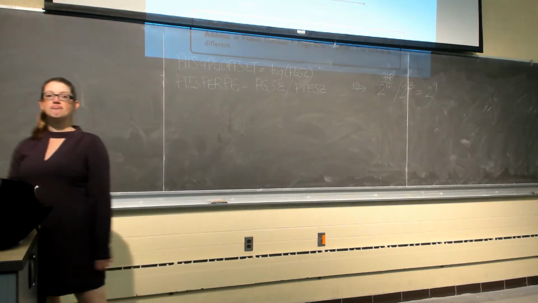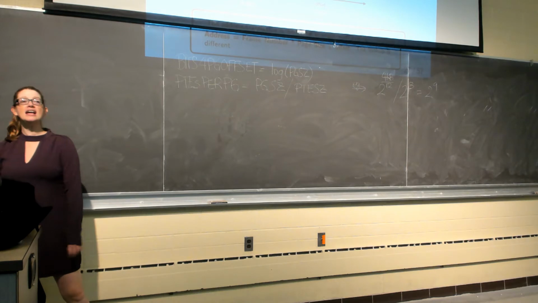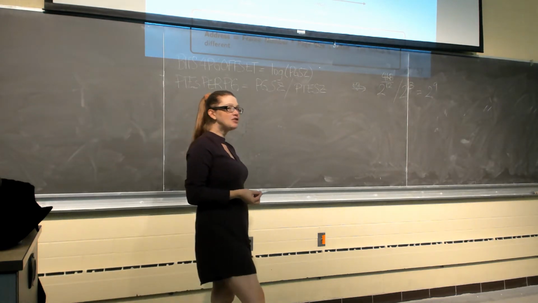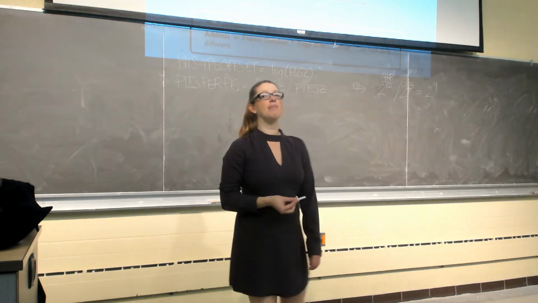All right. Now that I know how many entries I can fit onto a page, the next thing that would be useful is to figure out, well, if I can fit 2 to the power of 9 entries on a page, how many bits do I need to index that table?